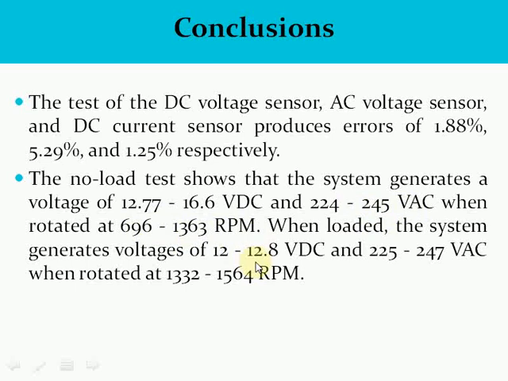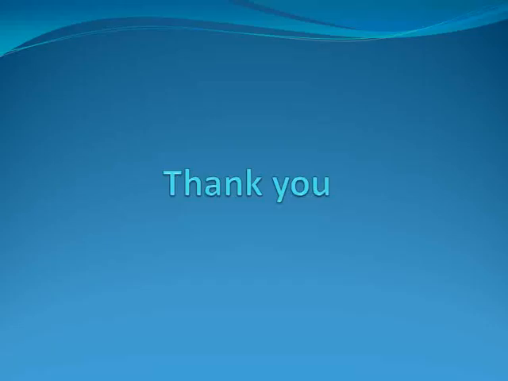When loaded, the generator voltage is lower than in the no-load test, about 12 to 12.5 volts DC and 225 to 247 volts AC when rotated at 1332 to 1562 RPM. I think that is enough for my presentation.